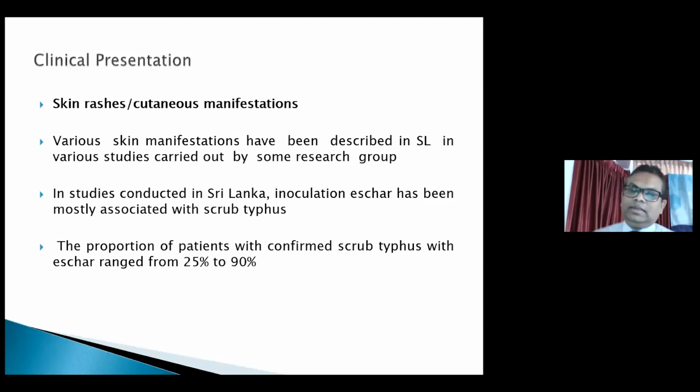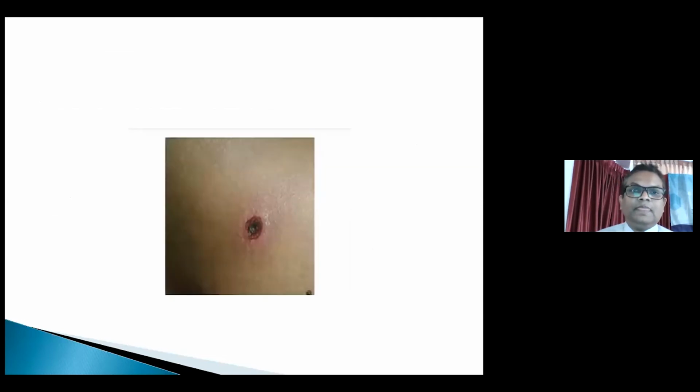Some studies say it's 90% according to a previous study, but some say 25%. There's a huge variation, but in my experience also the majority of them have an eschar when it comes to scrub typhus. Now this is a typical eschar. You can see, I think you have seen this: erythematous eschar and central scabbing, scab formation and some erythema around it.